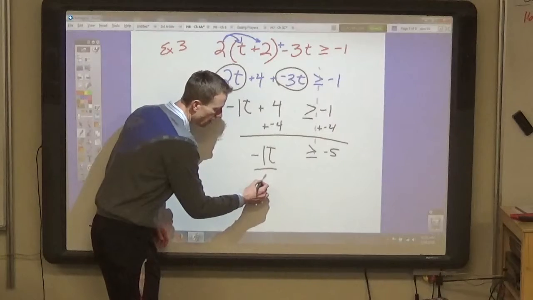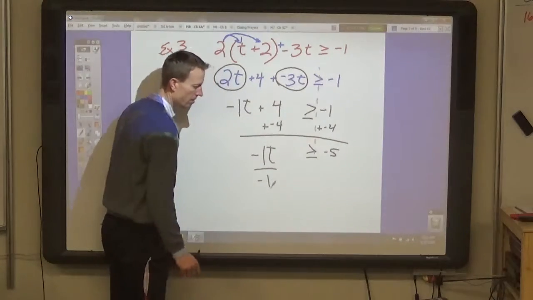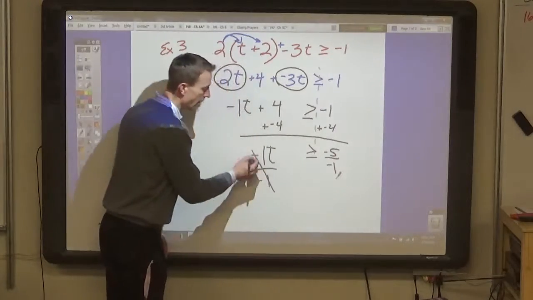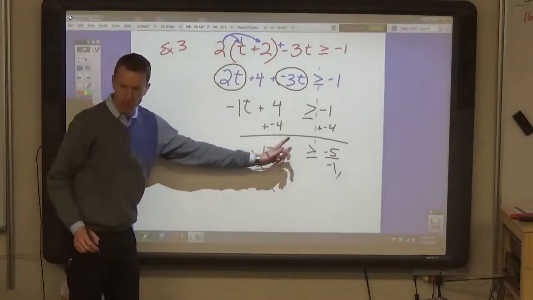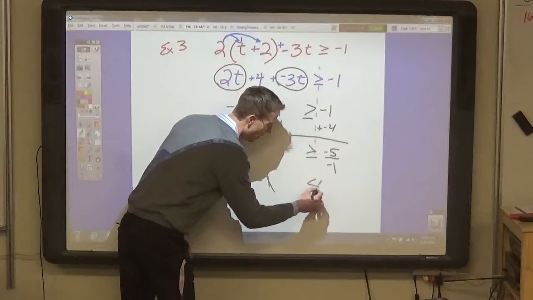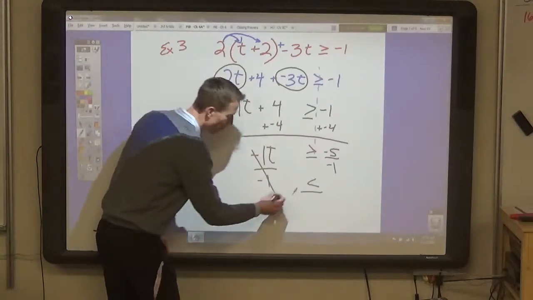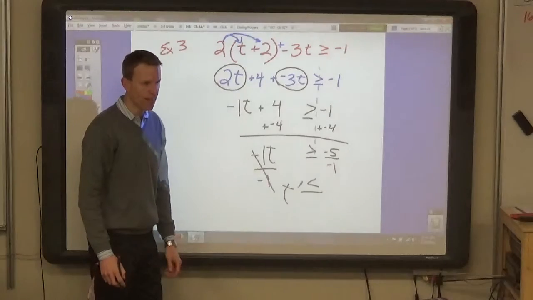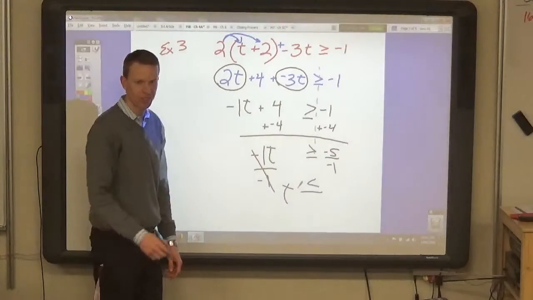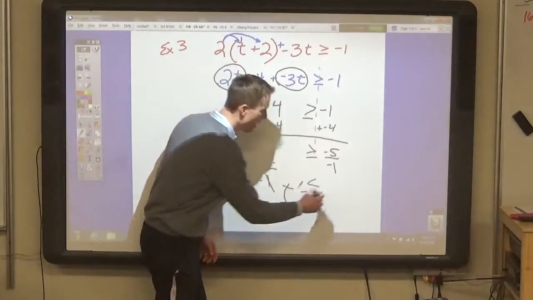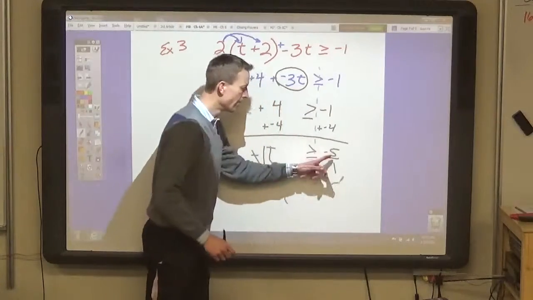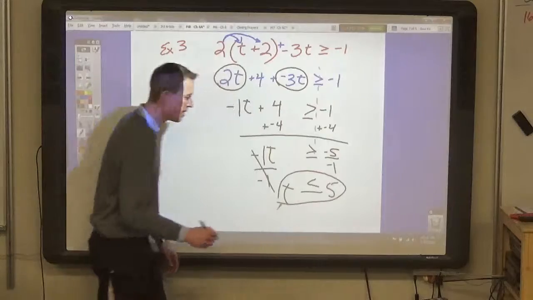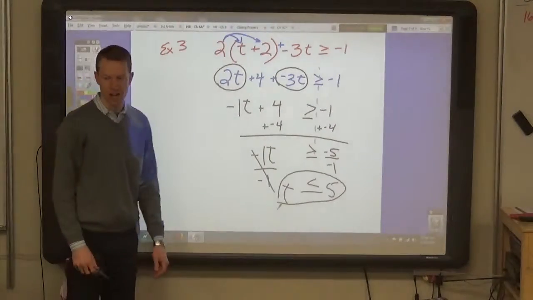Divide by negative 1. And since we have to divide by a negative, we have to reverse the sign. What's negative 5 over negative 1? Positive 5, because negative divided by negative is positive. So t is less than or equal to 5.